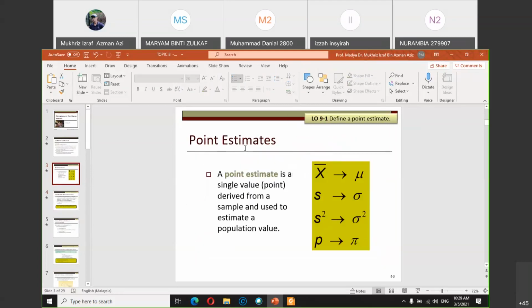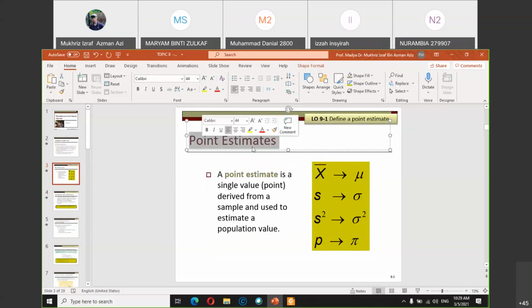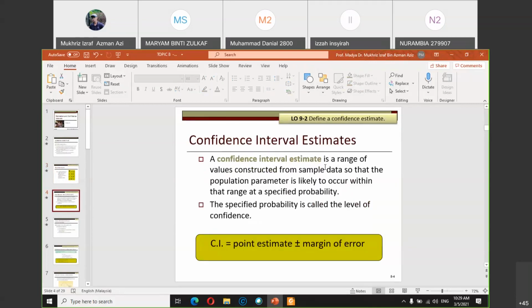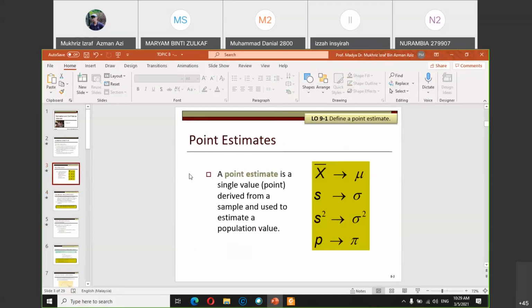Whenever you see the words point estimate, this basically refers to the sample information used to estimate the population value. Why do we need a point estimate? Because in the real world it is usually not possible to determine the population value, unless you do a census, meaning you collect information from every single individual.